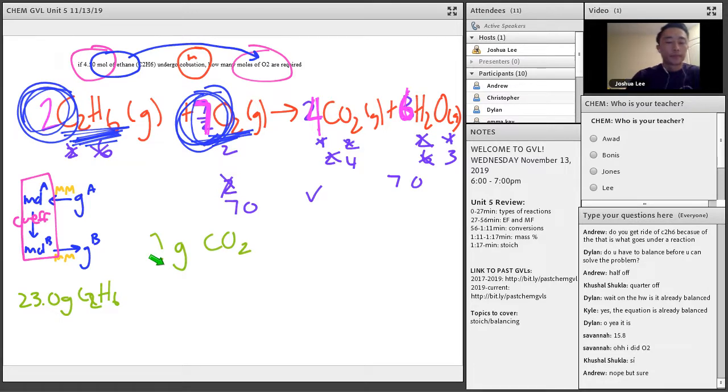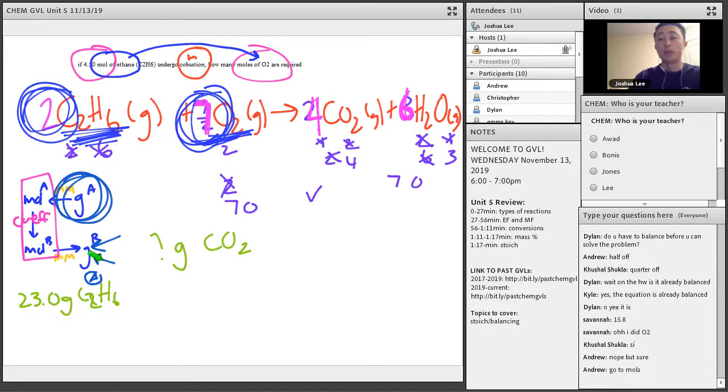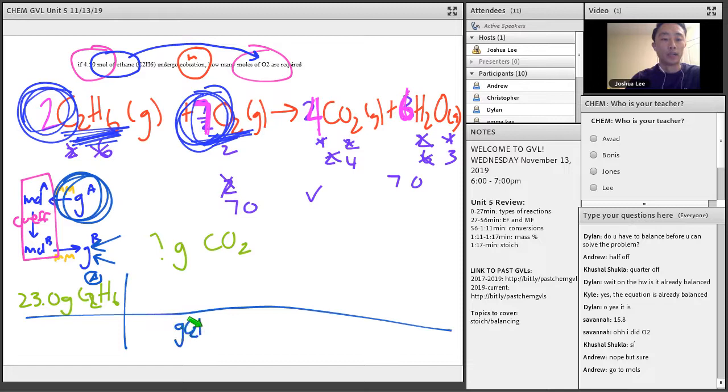So, we're starting with grams of substance A. So I'm starting here. What's the first step I have to do? If I eventually want to get here, this is the end goal. First thing I have to convert is from grams to what? Grams of A to moles of A. So then that means I need to get rid of grams of C2H6 and go to moles of C2H6.